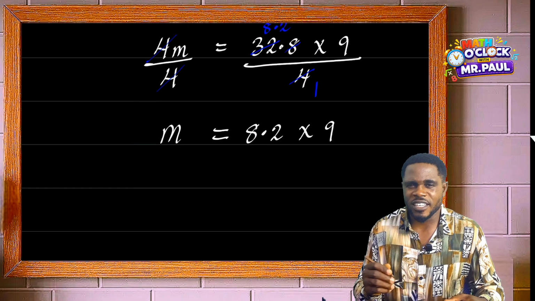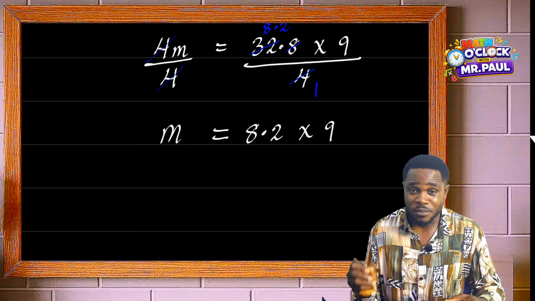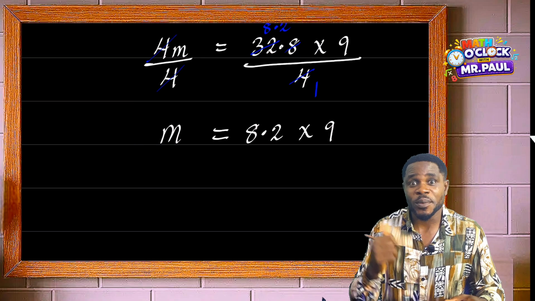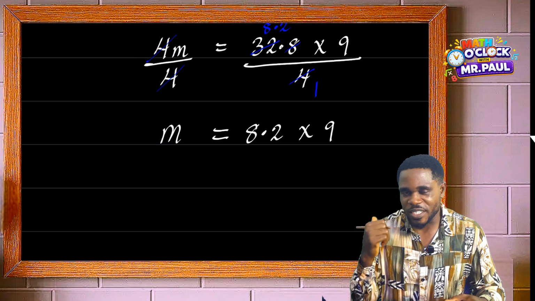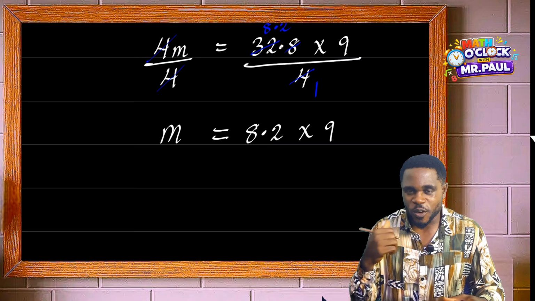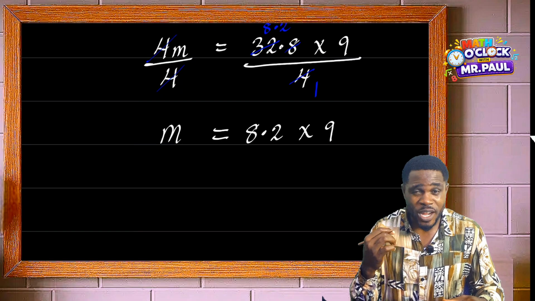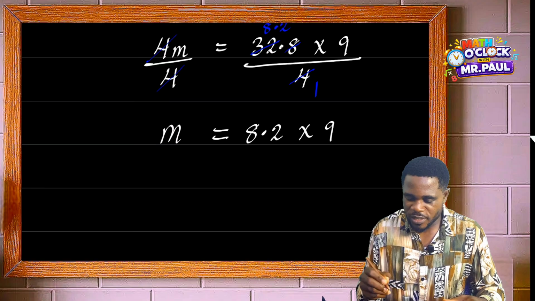So let's go ahead and then multiply 8.2 times 9. Remember our multiplication of decimals. If you don't remember, go back. I've done that. Okay, we've done multiplication of decimals. You multiply them as though they are whole numbers. So let's go ahead.